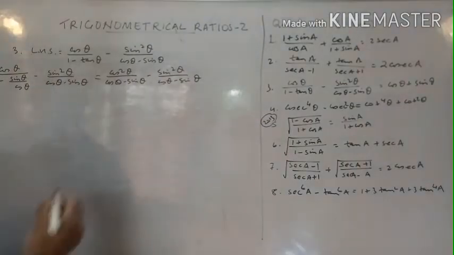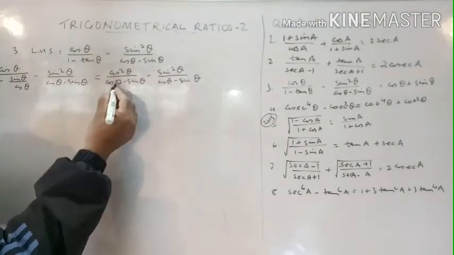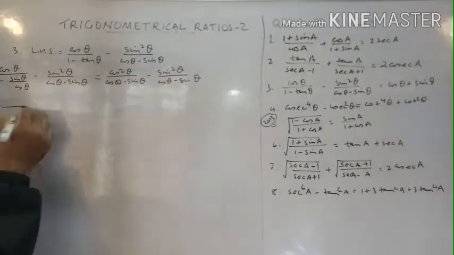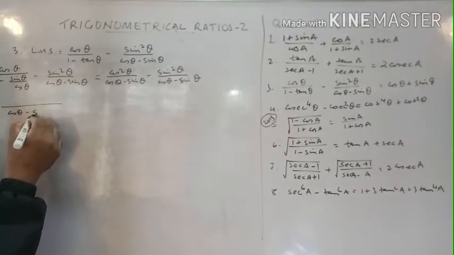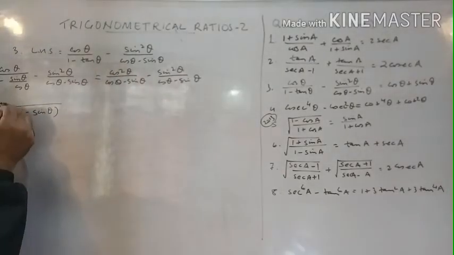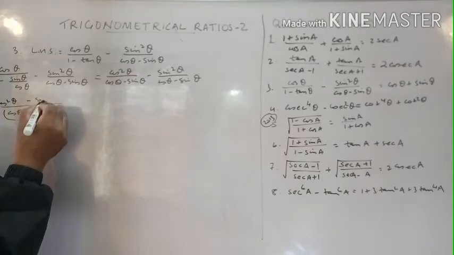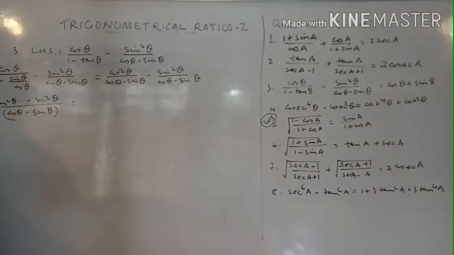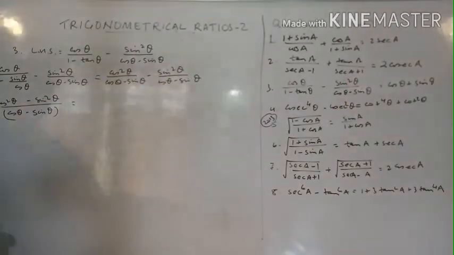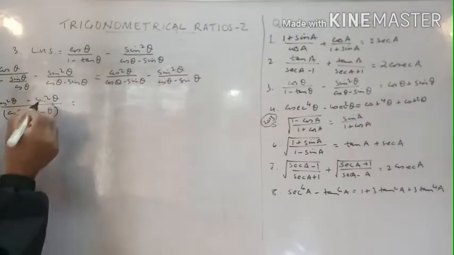Okay, so here, because you have the same expression in both the denominators, LCM also will be same. So if you take LCM, LCM is cos theta minus sin theta. So you have cos square theta minus sin square theta. Okay, because LCM is same as denominator, so numerator won't change. So this is in the form of a square minus b square.